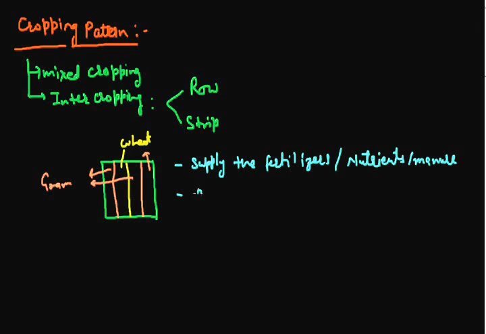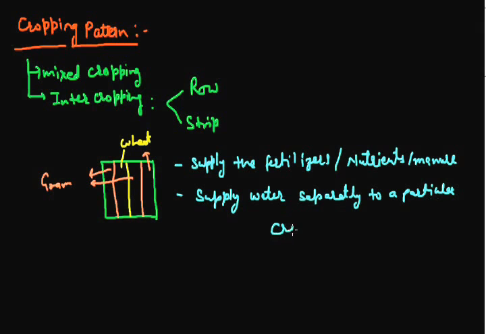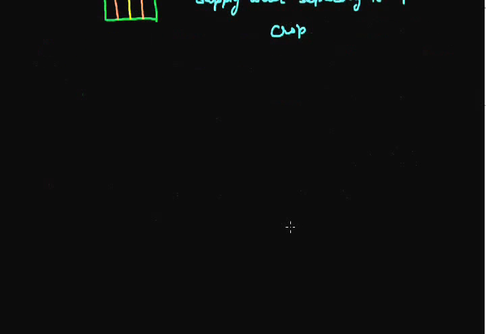We can supply the water separately to a particular crop. So this technique is more important because it is useful as well as advantageous as compared to mixed cropping. Now we compare mixed cropping and intercropping.